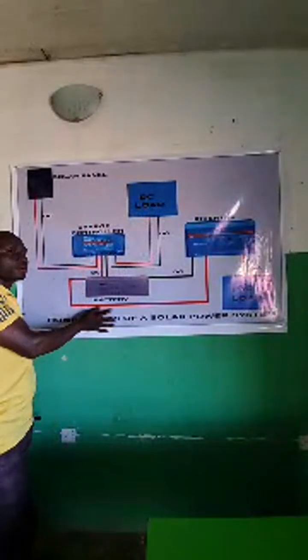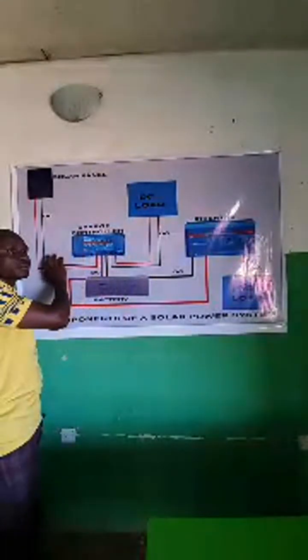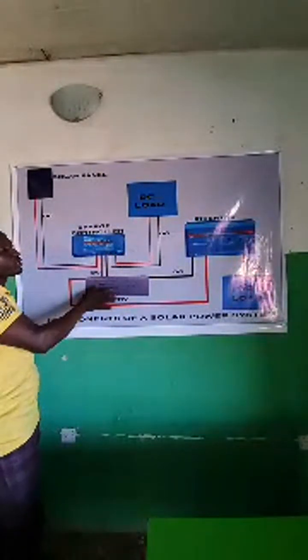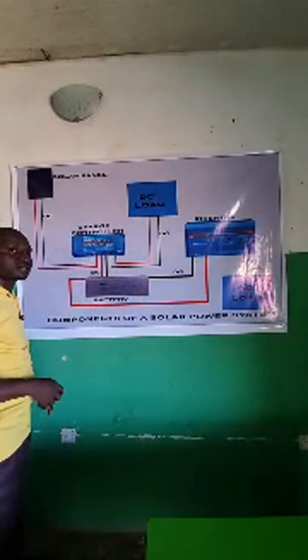Then here also you need a breaker. Then you also need to know how to properly size these cables. These are all interconnecting cables. They are used to link all these components together. So you need to know how to properly size these cables.